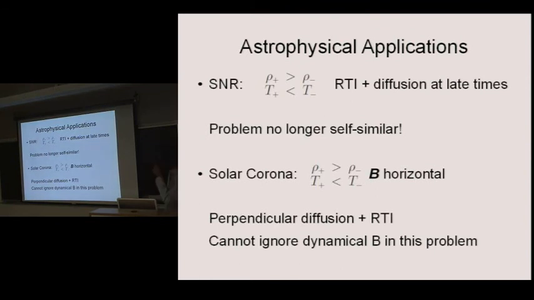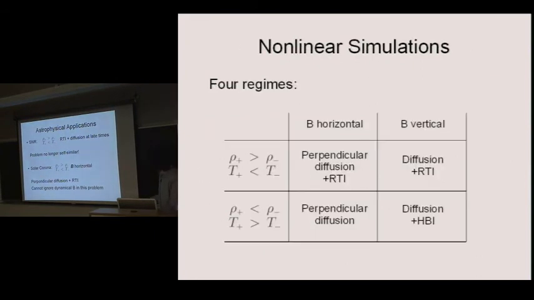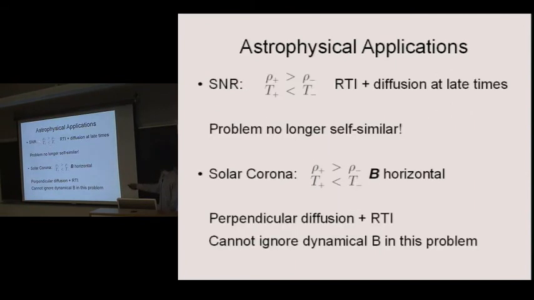So now let's consider these three applications that I gave at the beginning, and look at where they correspond to on this diagram. So for supernova remnants, you're unstable, but the supernova remnant problem is kind of different from this Cartesian case which I gave before, because the acceleration is due to the fact that you have the shock that's moving outwards, and the contact discontinuity is moving outwards, and the acceleration is actually decreasing with time.